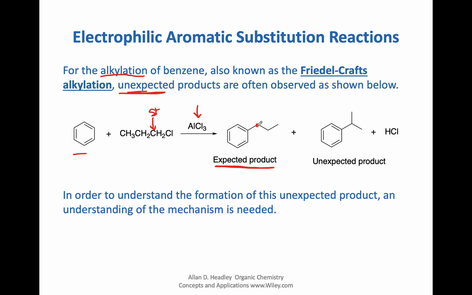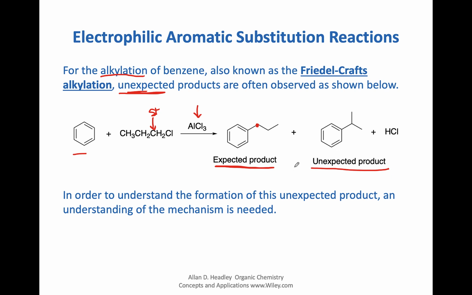So here's that carbon. But here is an unexpected product. So if you're working in industry and you're asked to make one of these, it will be very difficult just to get one, because you get an unexpected product.